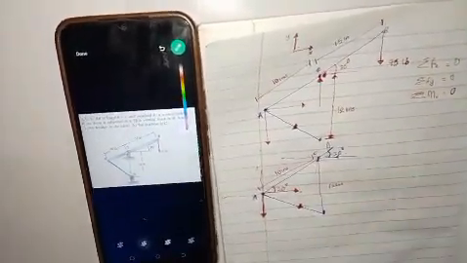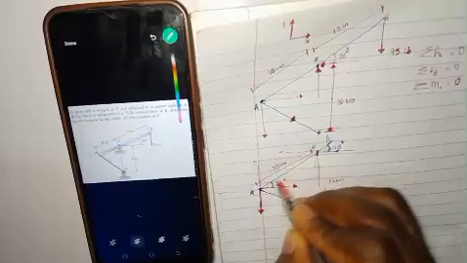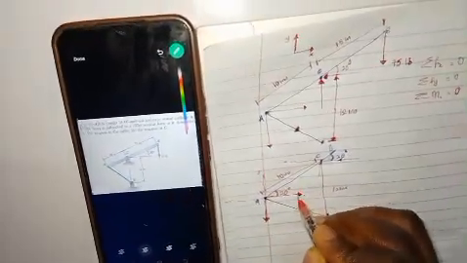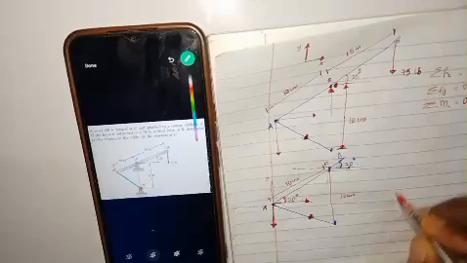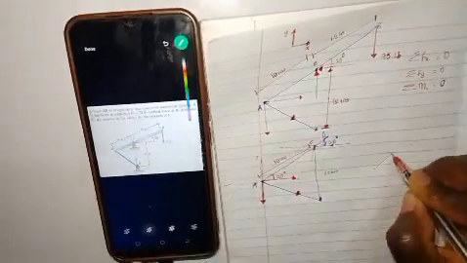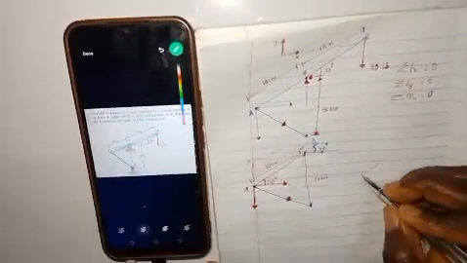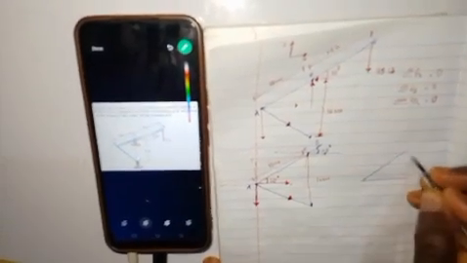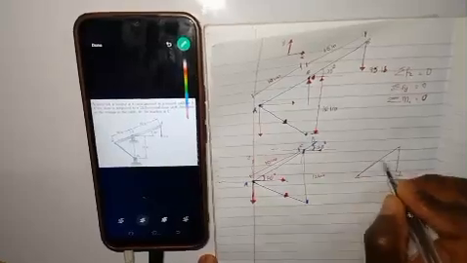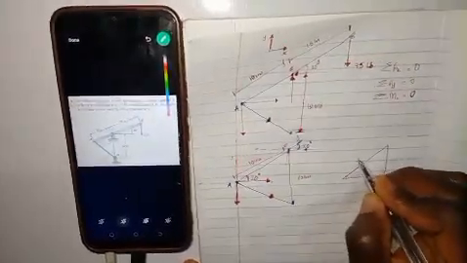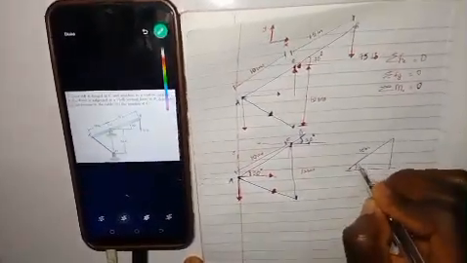So now we can resolve this particular one into x and y components. Let me bring the 10 inches outside in this manner. So for the 10 inches we'll be having this, then this. So that means we have 10 inches, here is 20 degrees.